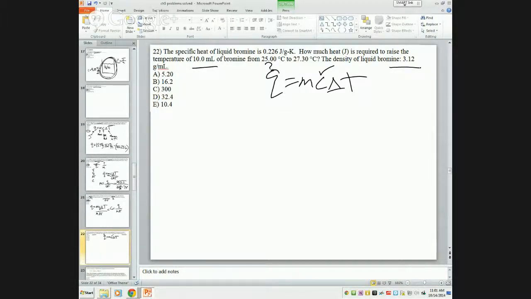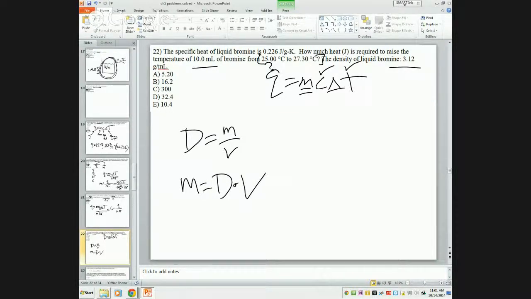So we know the change in temperature is right here. The first thing we're going to have to figure out is, well, what's my mass? And that's where the density formula comes into play. Density is mass over volume, so mass has to equal density times volume.